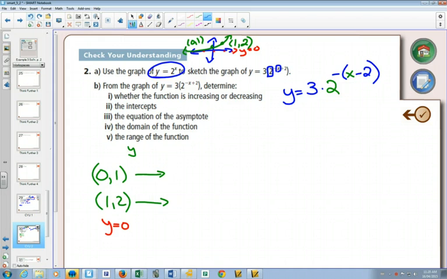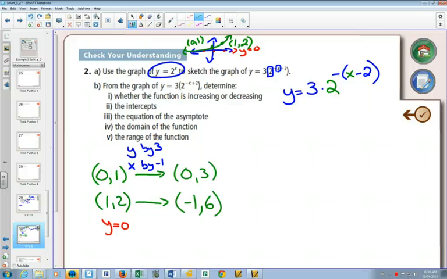That is going to multiply y by 3. Then we run into the negative, which will mean x gets multiplied by a negative 1. So you can do your stretches, compressions, and reflections for both x and y at the same time and see what you get. You're going to get 0, 3 and negative 1, 6.